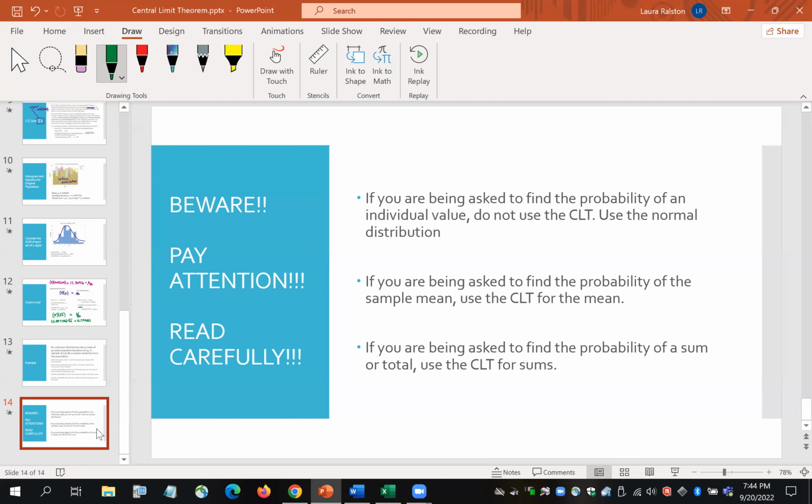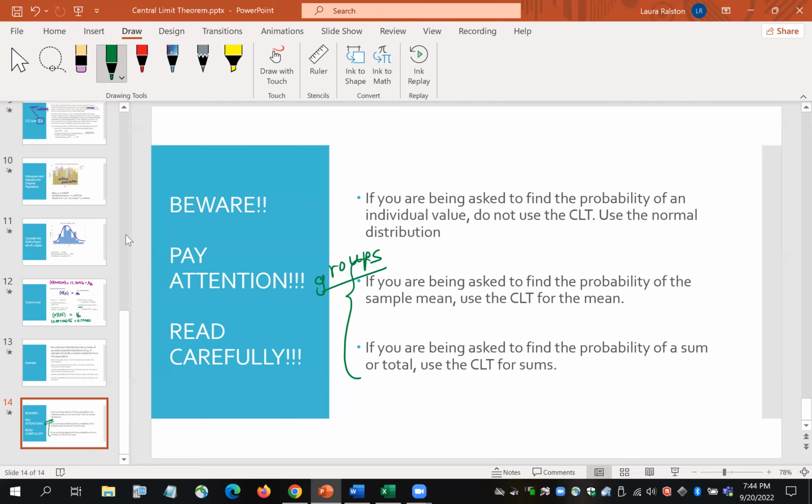If you're dealing with the last 2, and I don't have a note there, but I'll make a note here to the side. The last 2, one of the clues that you're going to apply the central limit theorem is that instead of selecting 1 item, you're going to select a group of items. Okay, so that's one clue that you're doing central limit theorem.